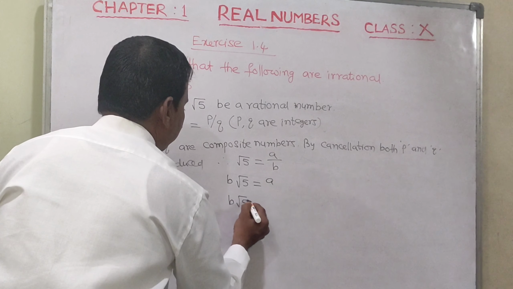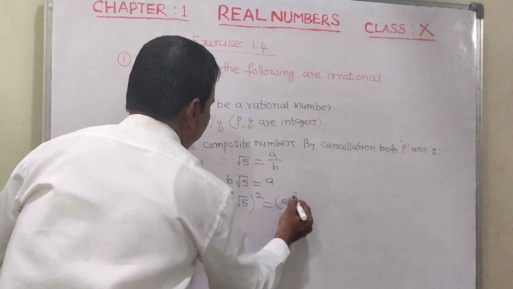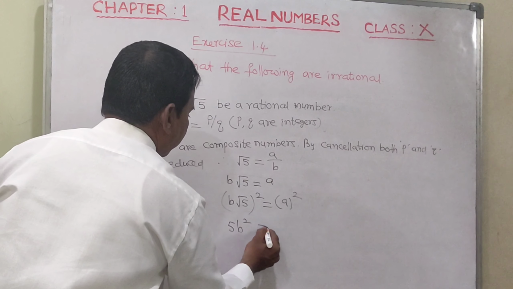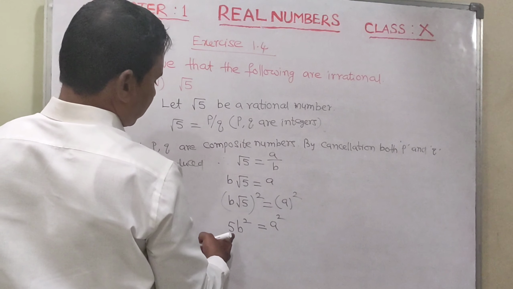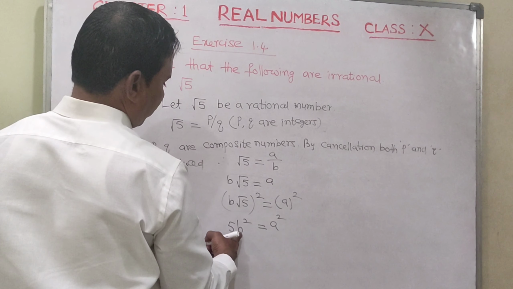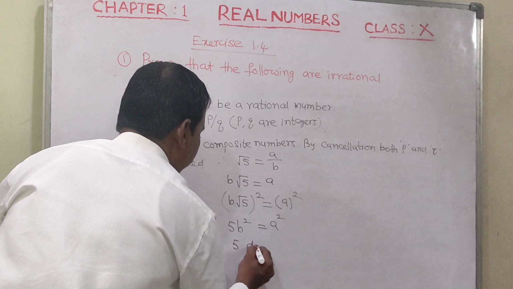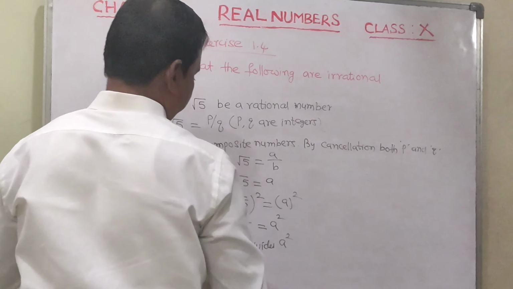Squaring on both sides, this becomes 5b square equals a square. Here you are seeing that 5 divides a square.